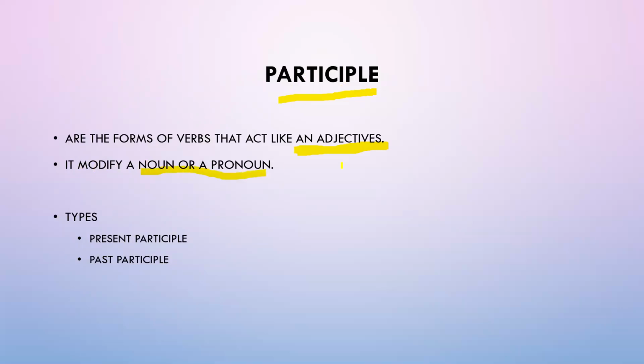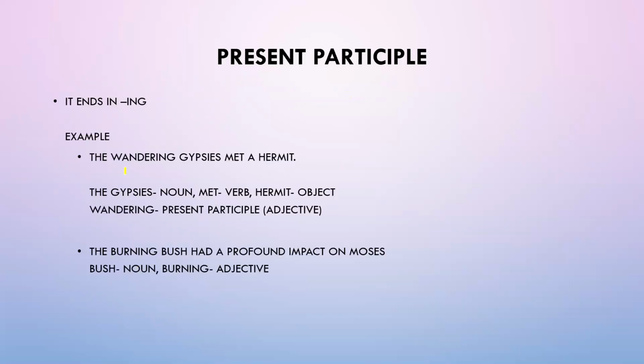Adjective qualifies a noun or a pronoun. There are two types of participle, the present participle and the past participle. The present participle ends with ing, just like gerund. But gerund acts as a noun, whereas present participle acts as an adjective.